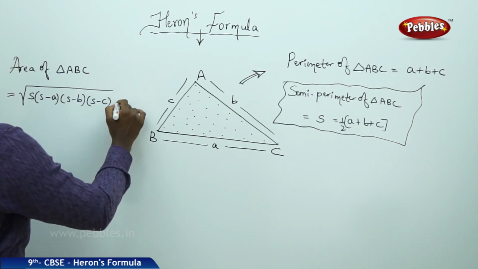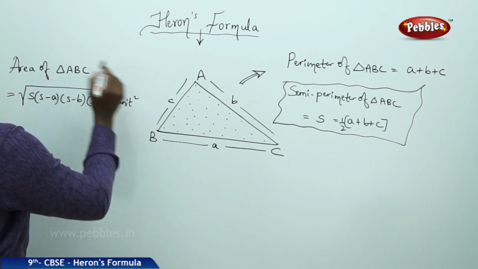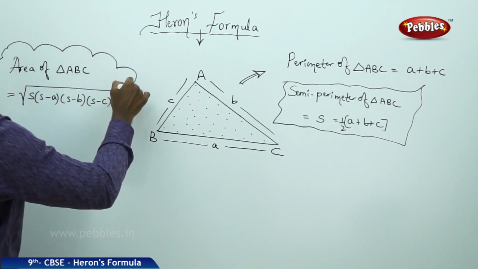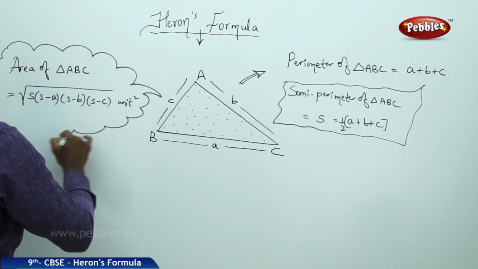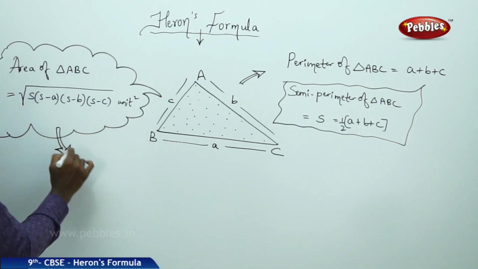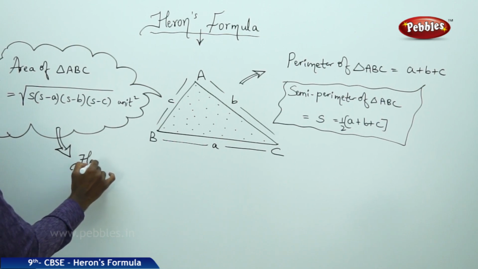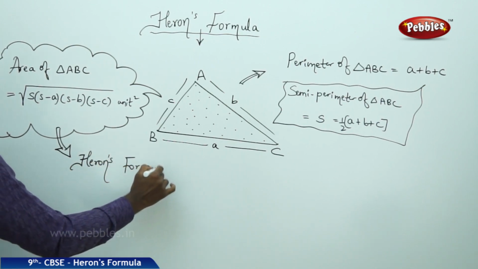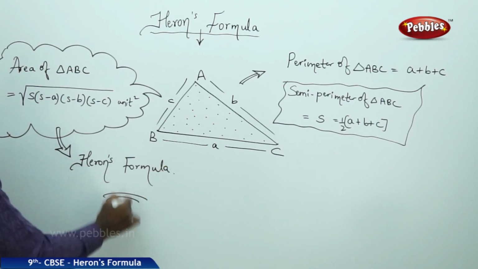This is the area in unit square, which is what is called Heron's formula.